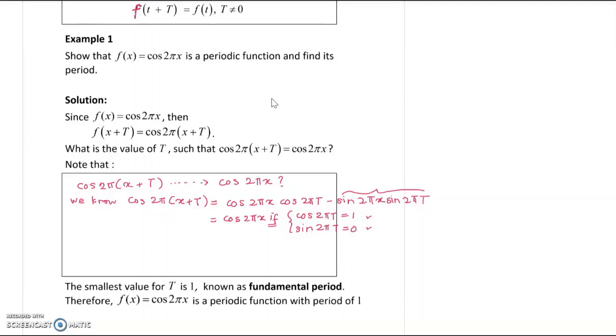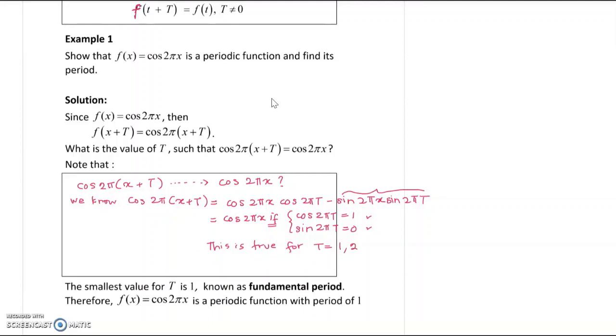So this is true for t equals 1. It's possible because we have cos 2 pi, which is 1, and sine 2 pi is 0. And it is also true if t equals 2.